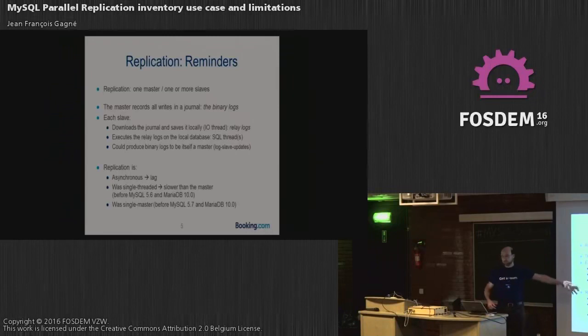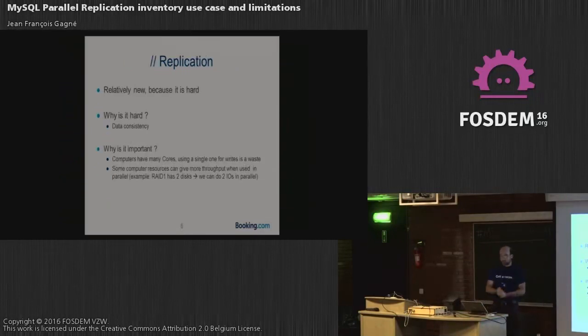And a slave can produce its own binary log to be itself a master. Replication is asynchronous, so we might have lag. It was single-threaded, now it can be multi-threaded. And it was single master, now it can be multi-master, or multi-source, in MySQL 5.7 and MariaDB 10.